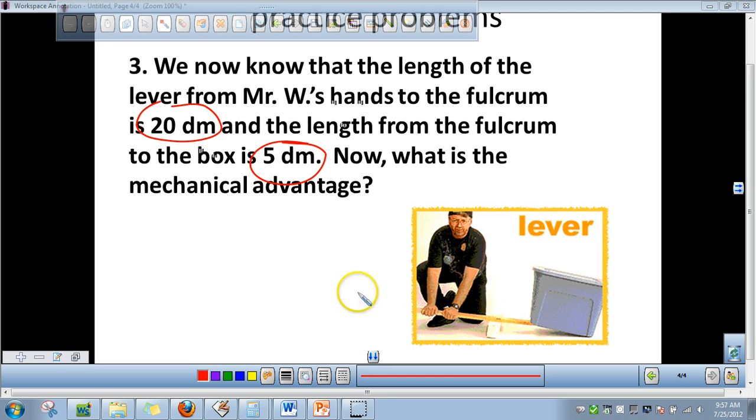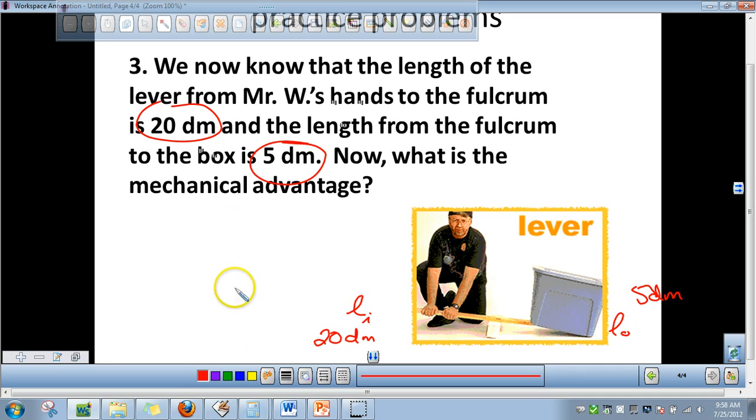The input length, Li, and the output length. Input is what you do, output is what the machine does. The input length would be from Mr. W's hands to the fulcrum. Li is 20 decimeters. The output length is from the fulcrum to the object you're moving. So the output length is 5 decimeters, as we can see here.